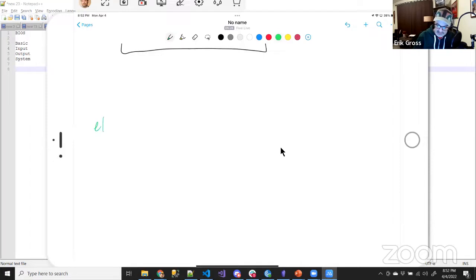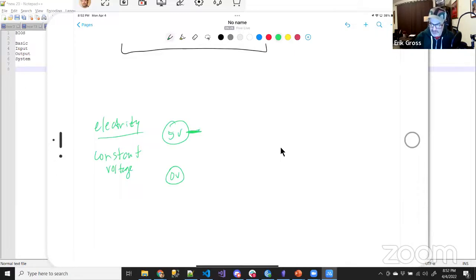When you talk about electricity, there's either constant voltage. We've talked about that before. We could say something's either at 5 volts or is at 0 volts. And we want it to stay at 5 volts as long as we need it to be there for it to represent information.